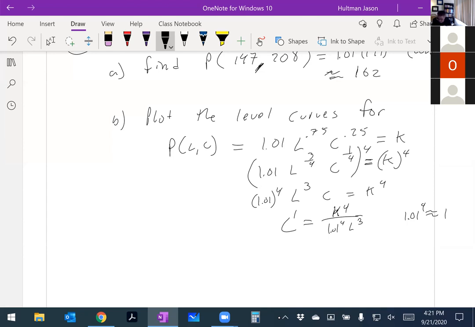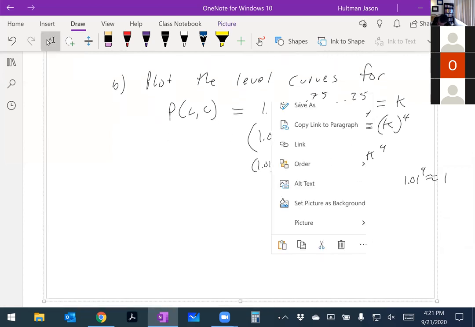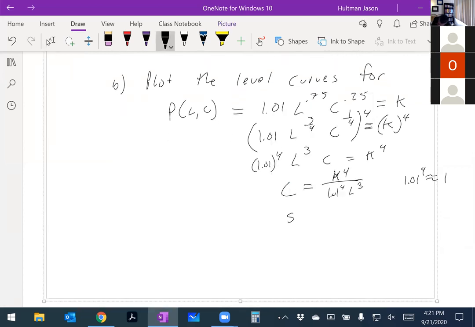So there's kind of an inverse relationship here in that as L increases, as L goes up, C decreases, right? And vice versa, okay? As L decreases, C increases, right?